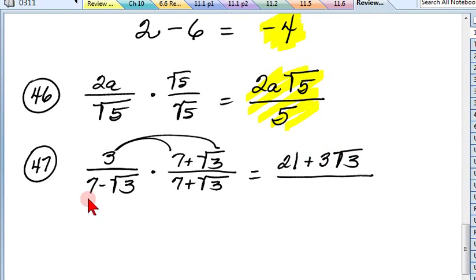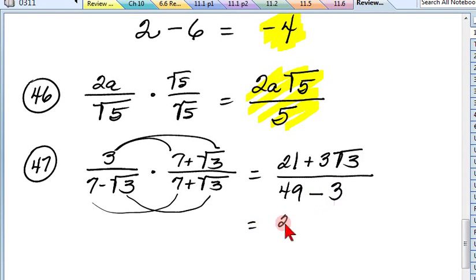conjugates, product of the first. 7 times 7 is 49. Those weren't radicals. Outers and inners, they don't count because they will cancel out. What is the negative times the positive square root of 3? Minus 3.